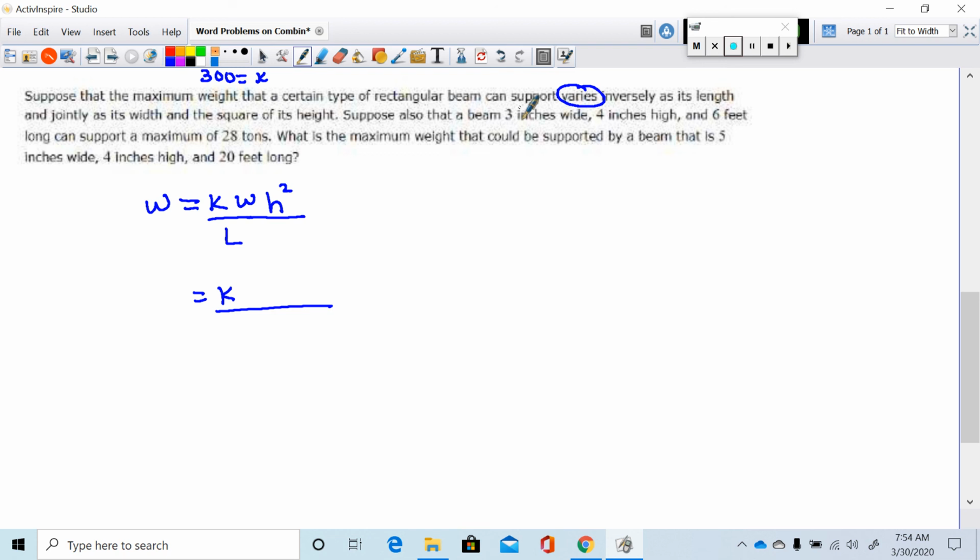Suppose also that a beam 3 inches wide, 4 inches high, and the height is squared, and 6 feet long, can support a maximum of 28 tons. Okay, so I've got to find k.